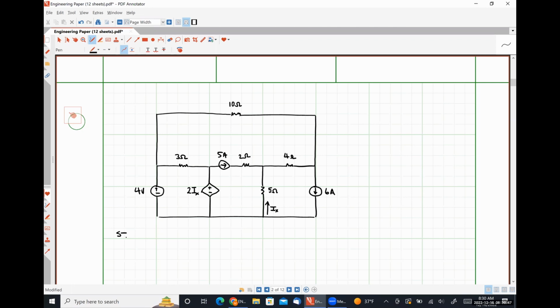So in the case of circuits that contain current sources, we are going to, again, add 2 more steps to our process here.